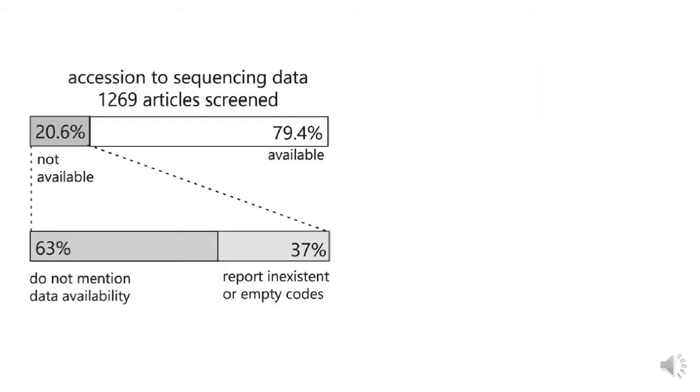In total, we found that of these over 1,200 articles, 79% did show accession numbers and the data was available, but in 20% of the cases we could not find associated data. 63% did not report any data at all, and in 37% of the cases they did report accession numbers, but these were not useful.